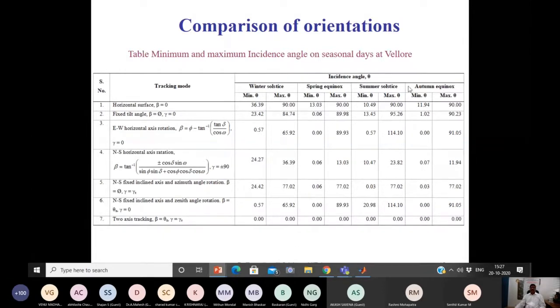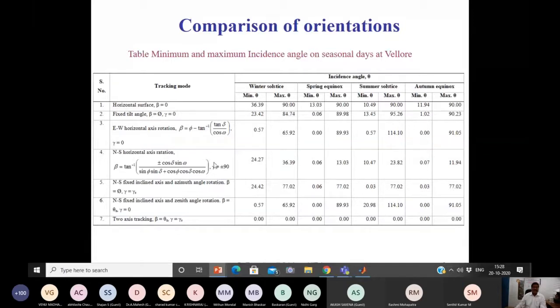In all the seasons, winter, summer, and all the seasons, the minimum as well as the maximum incidence angle is always 0. That means we can reach a perfect tracking condition using this 2-axis tracking system. Maybe practically some error may come, 0.1 degree or 0.2 degree, because of error in the gear or mechanism systems.